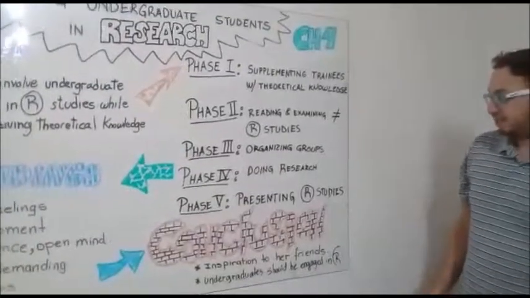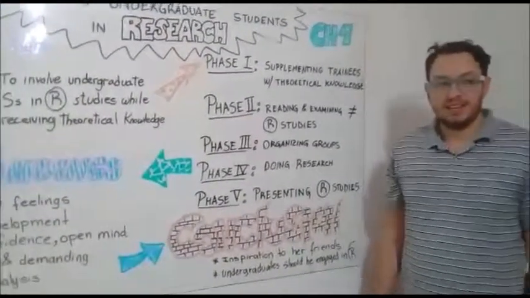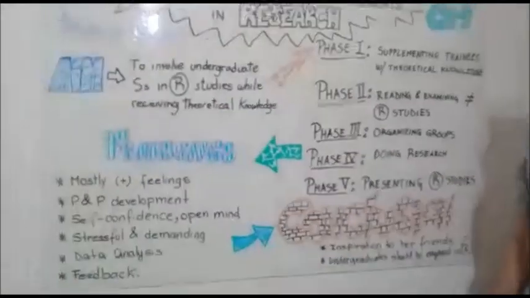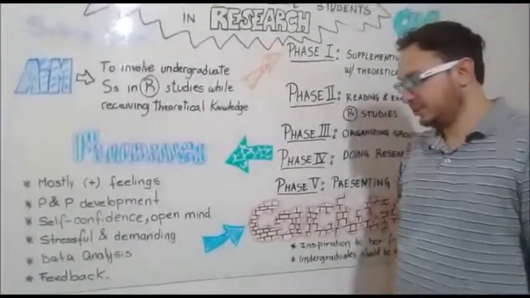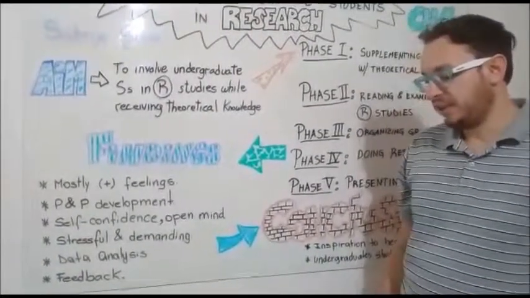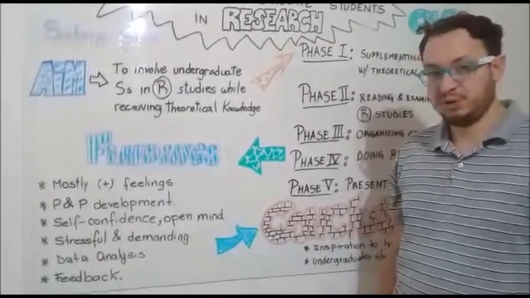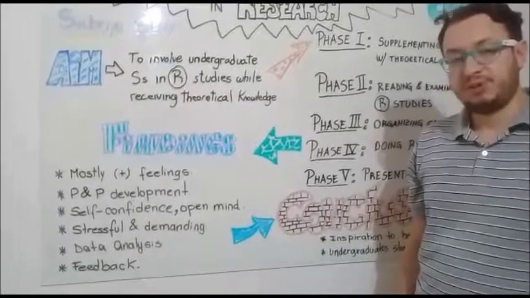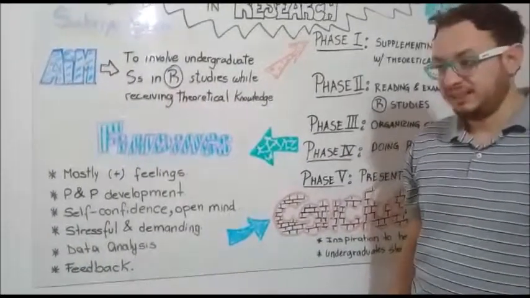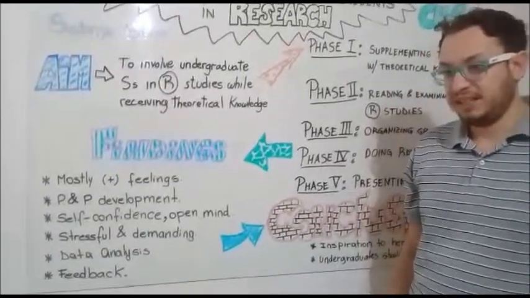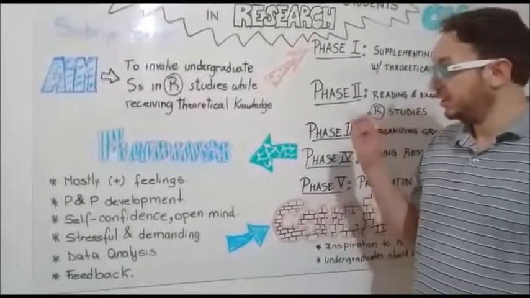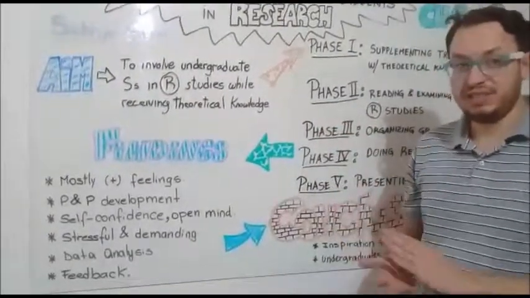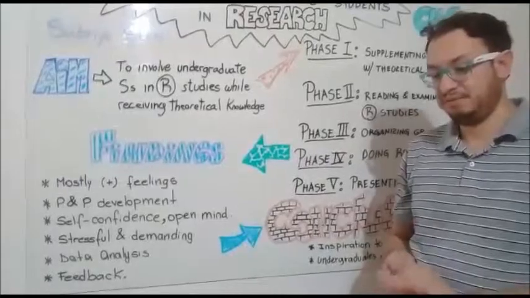Then at the end of the process, the students were asked to write how they felt about the whole research process. Most of the students stated that their feelings about getting involved in doing research were very positive.